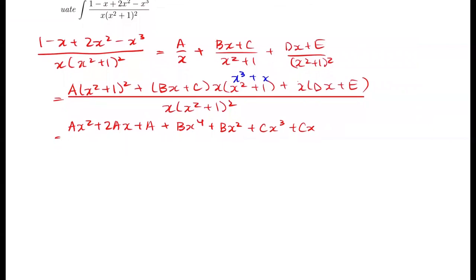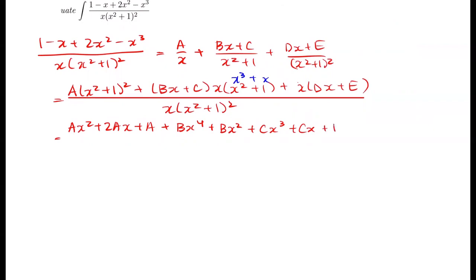And then as for the third one, we will have dx squared plus ex. Now, although this looks like a lot to clean up, we should be careful around here.